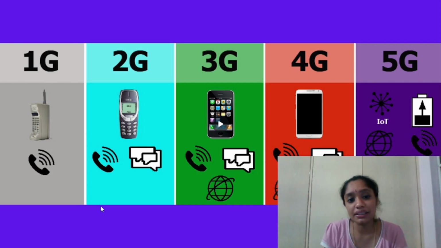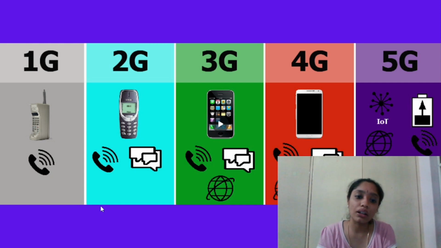Under 1G, as we can see, there was only a mobile telephone along with a feature of only calling. Under 2G, we got some Nokia mobiles, which allowed us to make calls as well as to send messages.